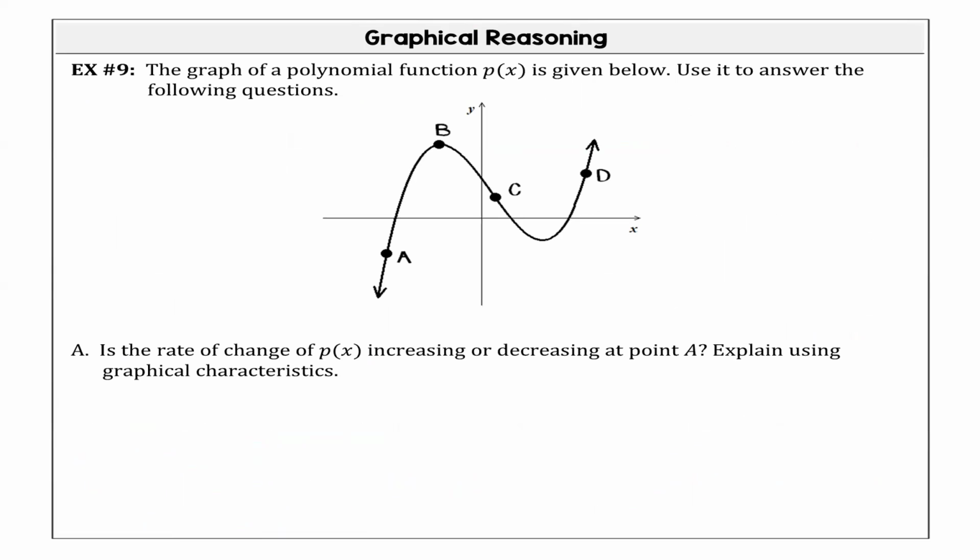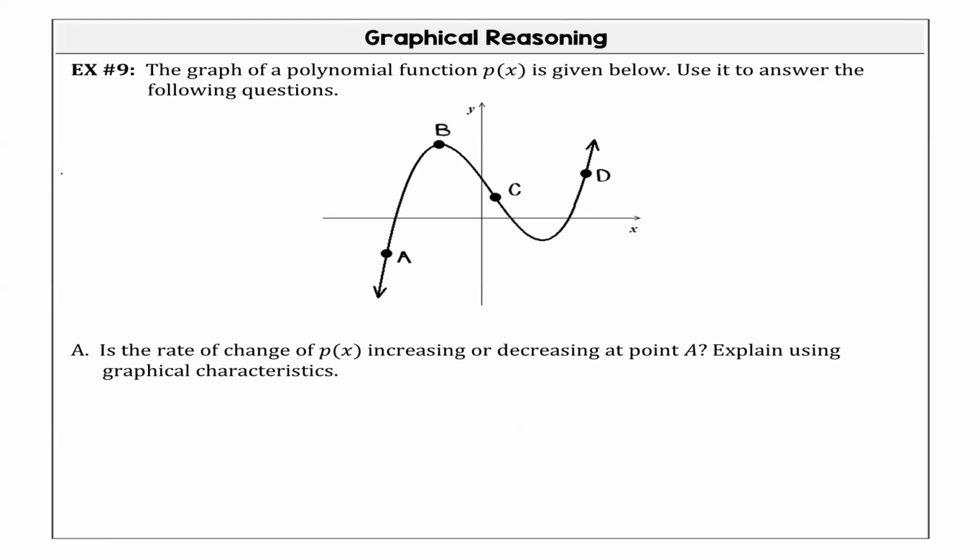Got it? So here we have a graph of a polynomial, and it has 4 key points labeled. And it's asking us, is the rate of change of p of x increasing or decreasing at point A? We need to be able to explain why we choose that choice, not with the value, but just simply why.